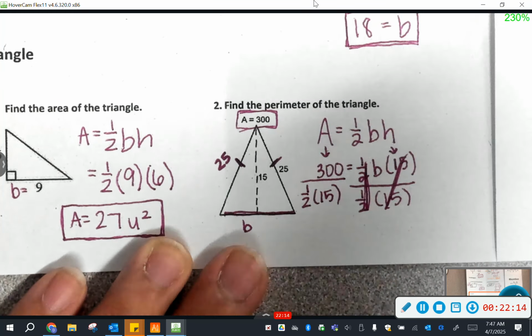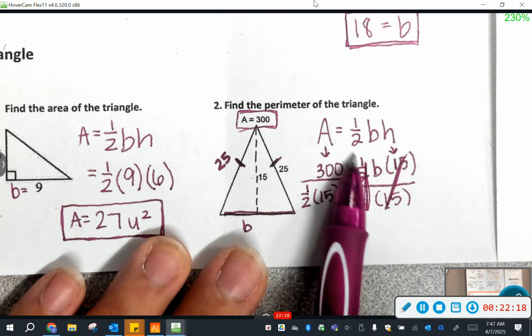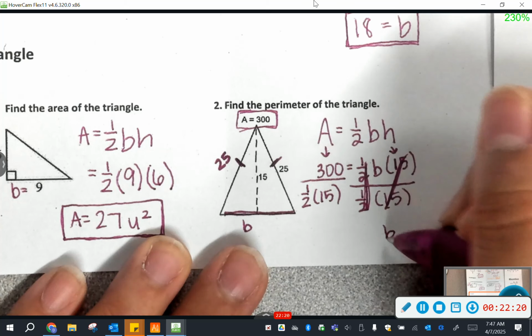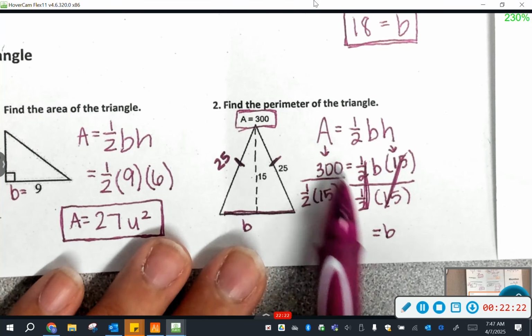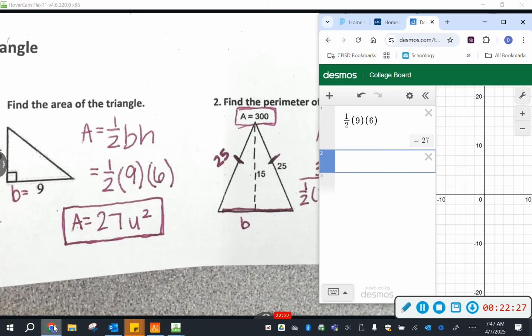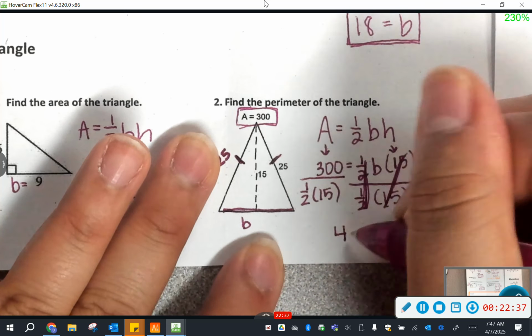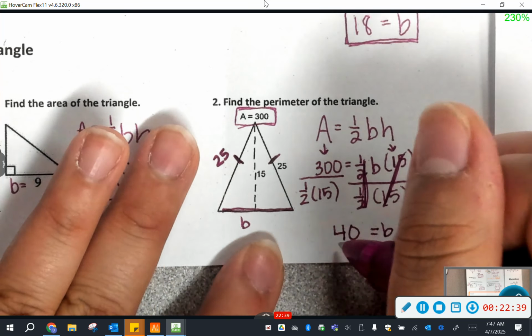Do y'all agree that crosses both of those out? I crossed out the 15, I crossed out the 1/2, so now B is by itself. And you can just put this in the calculator like that. What is 300 divided by 1/2 times 15? You okay? It is 40.